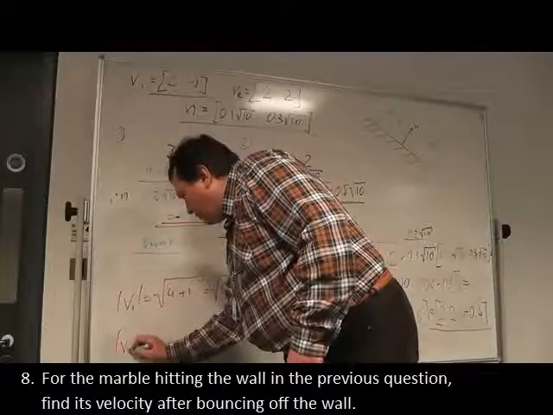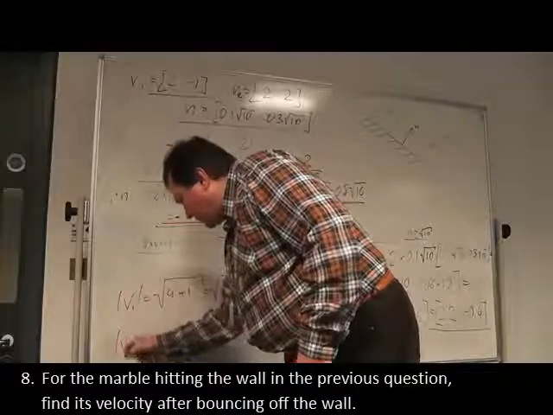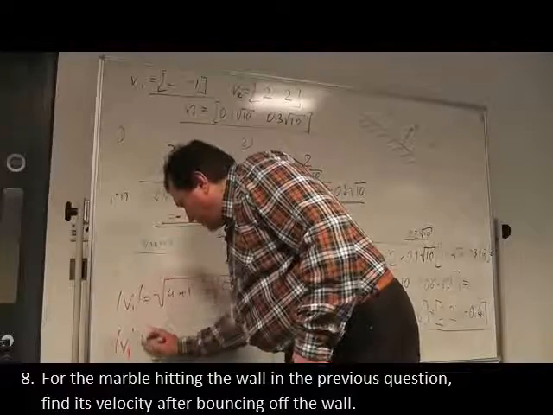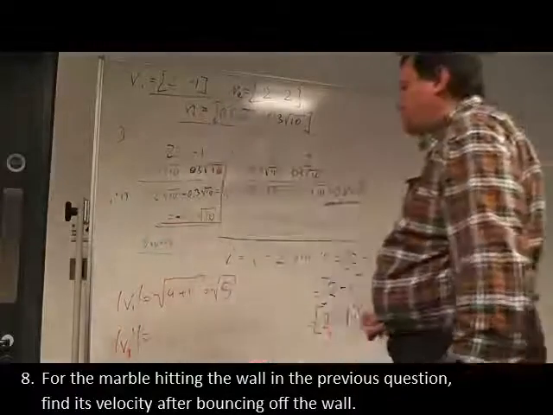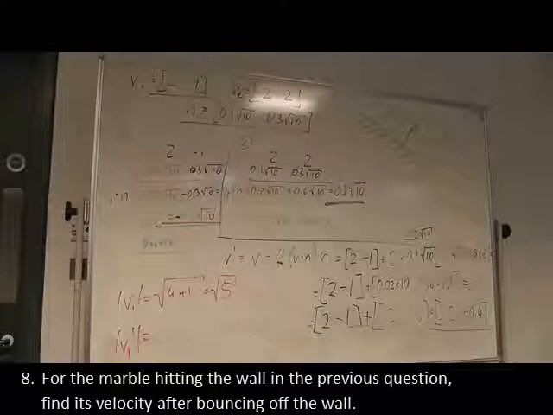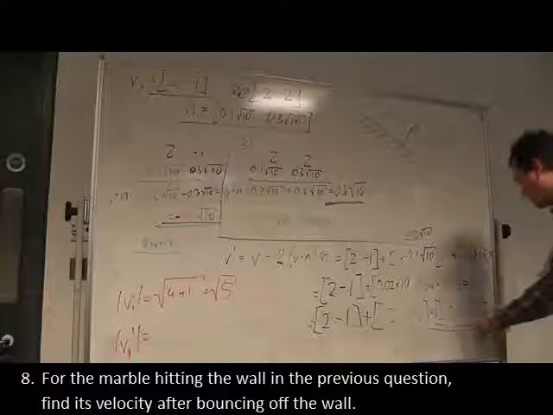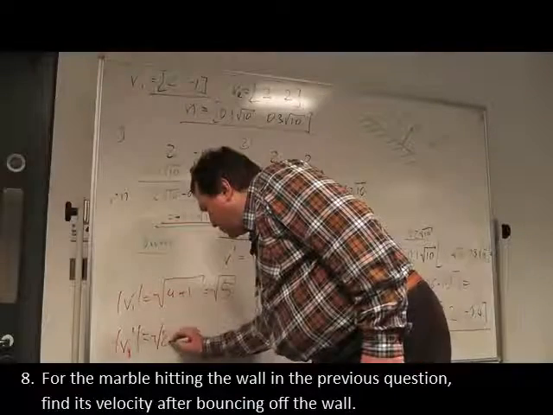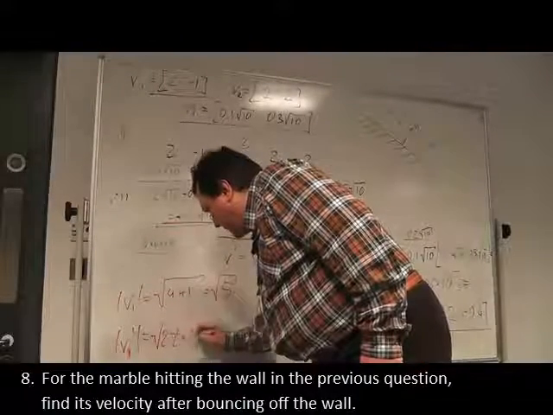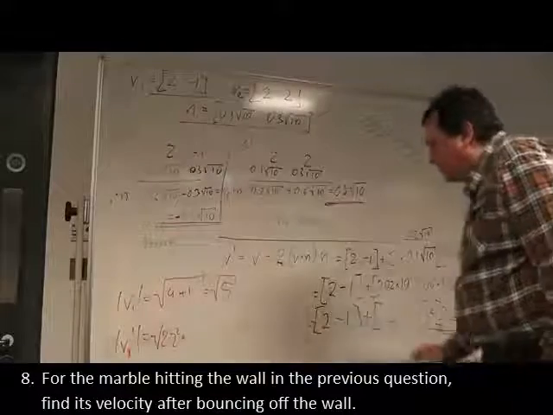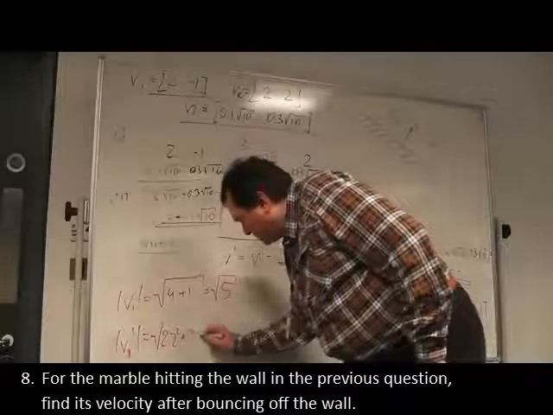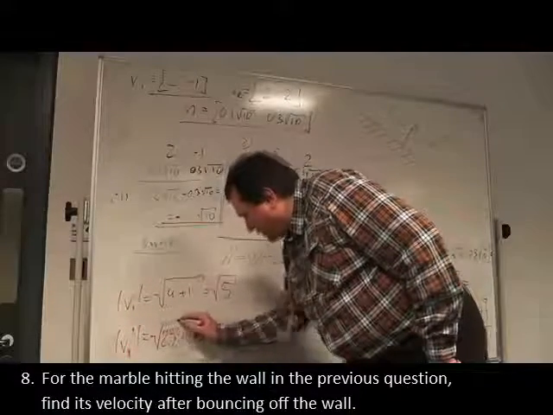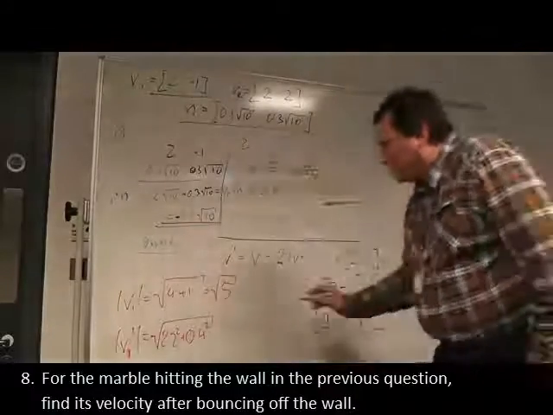The speed after the bounce is the magnitude of this vector, so it's a square root of 2.2 squared plus 0.4 squared. I can drop the minus because while squaring minus doesn't matter.